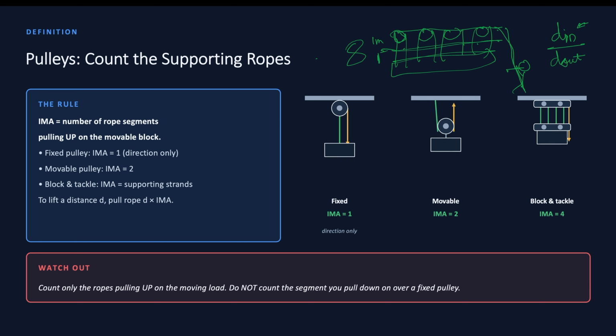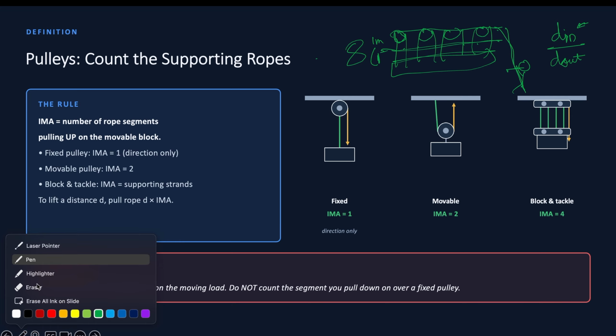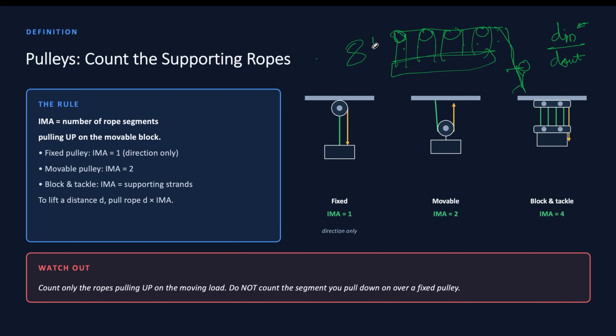But if the pulley pulls this entire block up 1 meter, that means you actually pull 8 meters. Think about it. If this entire block went up 1 meter, then all these ropes went up 1 meter, which means you pulled down 8 meters, because there's 8 ropes. So it's kind of intuitive why the number of ropes in a pulley is your ideal mechanical advantage.